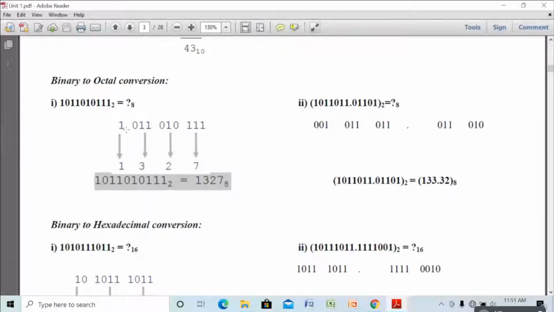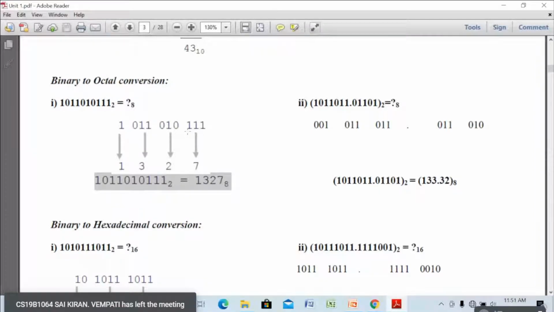After separating these numbers, we change them into decimal form. Here the positions are 2 power 0, 2 power 1, 2 power 2. Here all are 1, so 4 plus 2 plus 1.